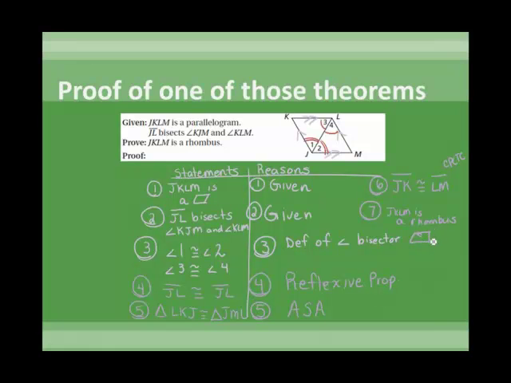Parallelogram with one pair of congruent sides implies that it's a rhombus. Okay, so those would be the 7 steps to prove that other theorem that we had about rhombuses, about the diagonals bisecting the opposite angles.